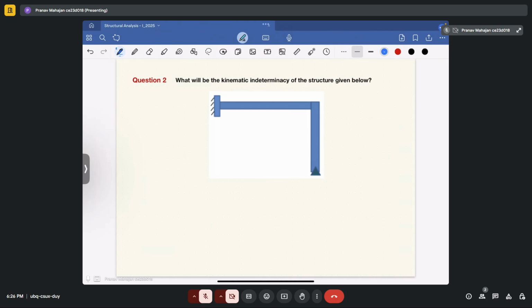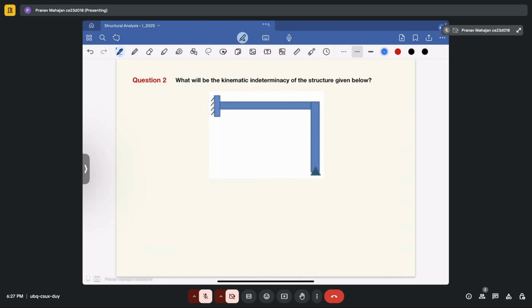Whereas in case of a hinge, you have restraint in the vertical direction and horizontal direction, but the moment is free to act. So in case of a hinge, your degree of kinematic indeterminacy will be equal to 1.